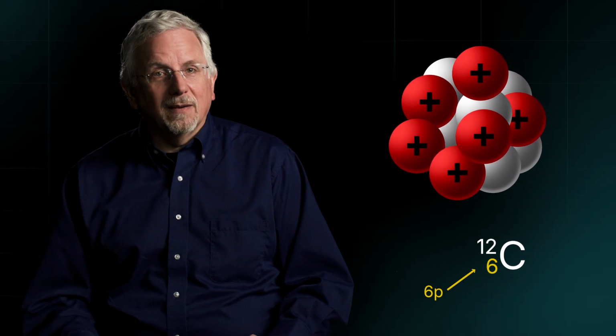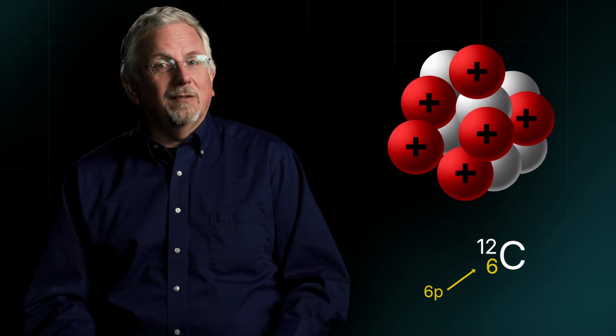The stability of any particular atomic nucleus depends on the balance between the number of protons and the number of neutrons. For a given element with a specific atomic number, or proton number, multiple isotopes can exist, differing only in their neutron count. For example, all nuclei of the element carbon have 6 protons, but the number of neutrons can vary.